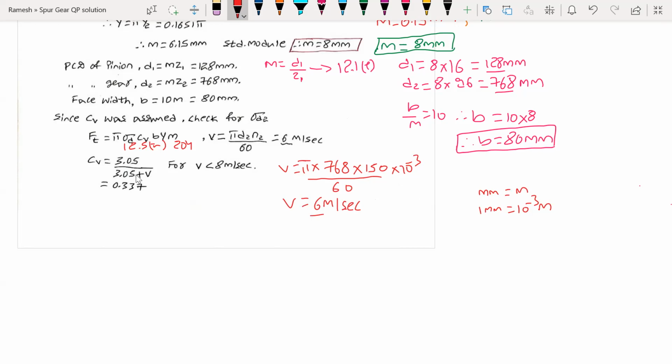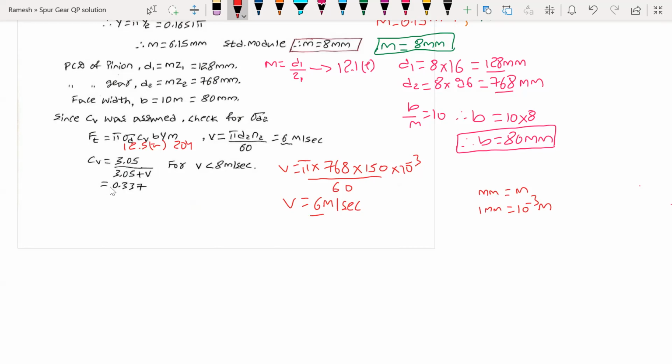Next, depending upon the velocity, you need to take down the velocity factor. Here you can see that the velocity obtained is less than 8 meters per second. Here you have 3 to 4 formulas, that is equation 12.6 A, B, C, D. According to the value of V which you obtain, you have to select the velocity factor.